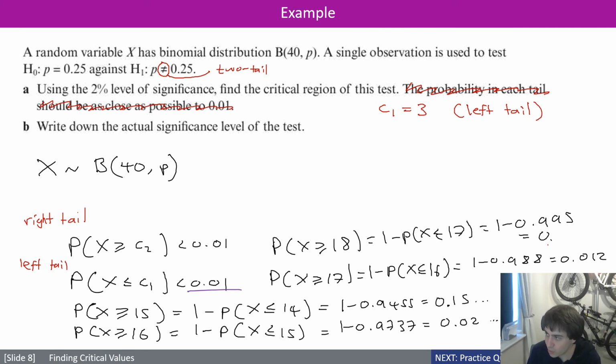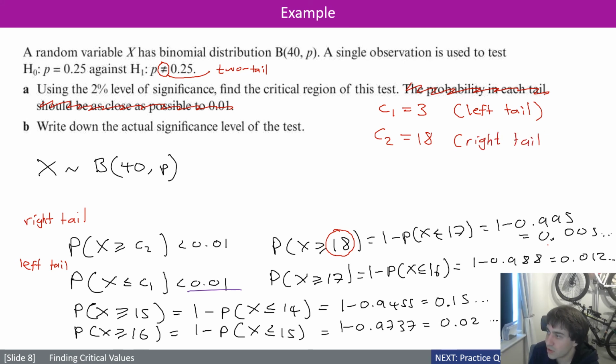It's about 0.005. So I've been a little bit approximate with these decimals I've written. I've just used sufficient decimal places to conclude either it's above 0.01 or below 0.01. So we've done it. That's our C2, right? When it's bigger than or equal to 18, the probability of it happening is less than 0.01, which is half the significance level. So C2 equals 18. That's our right tail.